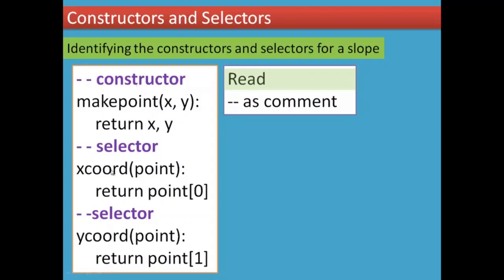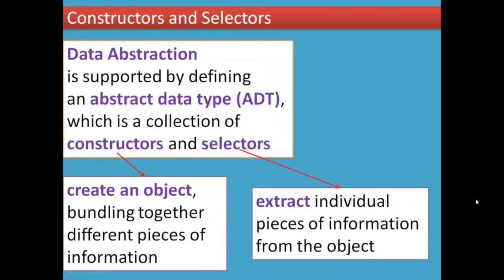So make point is a constructor, and x coordinate and y coordinate are selectors, which are used to extract the x coordinate and y coordinate from the abstraction. So data abstraction is supported by defining an abstract data type.